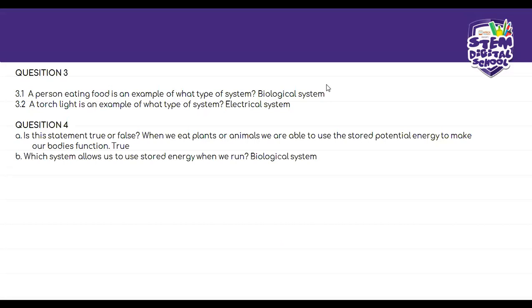Okay, so let's continue. Is this statement true or false? When we eat plants or animals, we are able to use the stored potential energy to make our bodies function. Yes, it's true. Which system allows us to use stored energy when we run? Biological system.